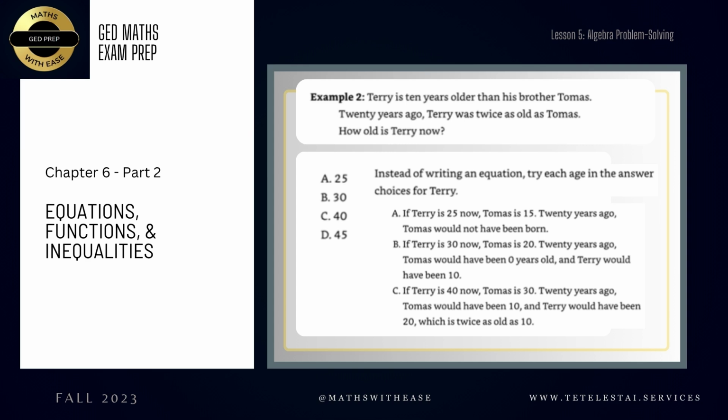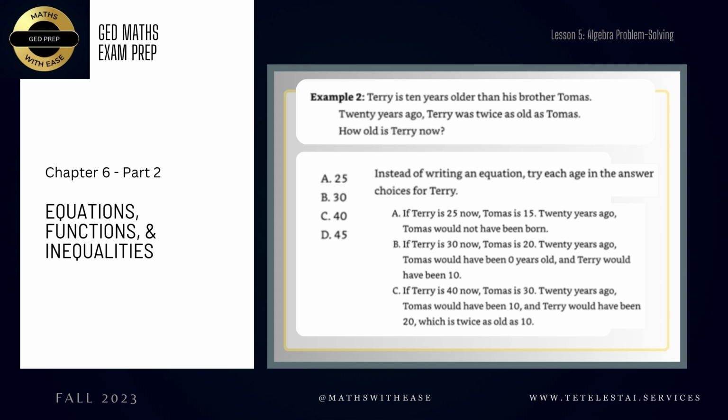So 20 years ago, if Terry is 40 today and Thomas is 30 today, 20 years ago, Terry would be 20 years old and Thomas would be 10 years old. And 20 is twice 10, or 10 times 2. So 40 is the right answer here.